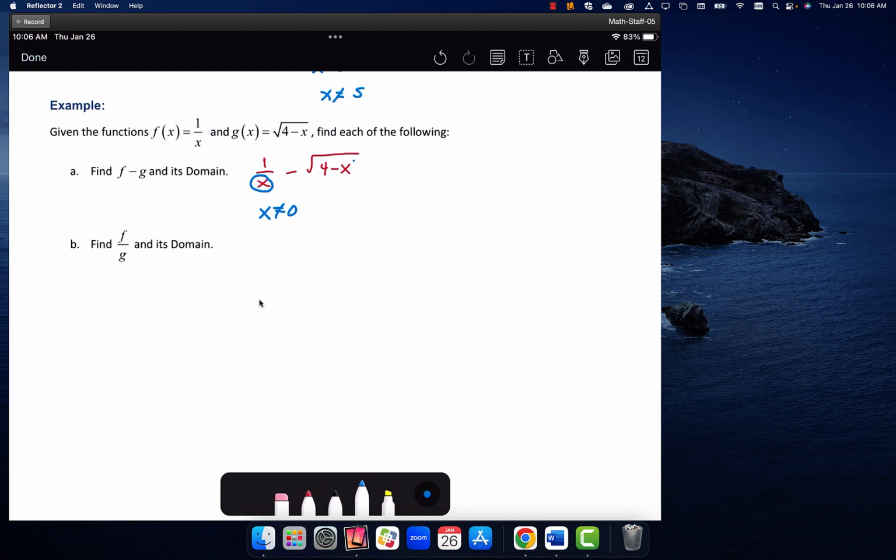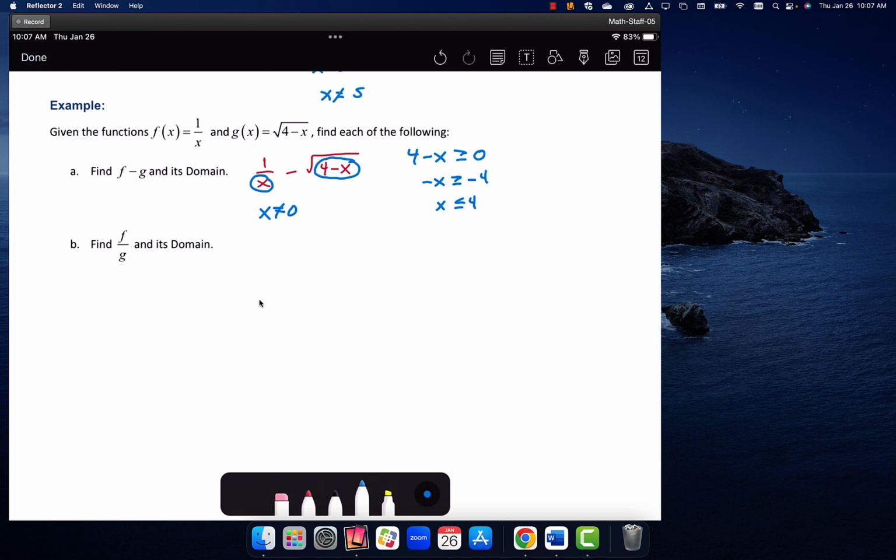And we also have this radicand, 4 minus x has to be greater than or equal to 0. Whatever's under the square root, force it to be greater than or equal to 0. So let's solve this. Subtract the 4, then divide by a negative 1. Remember, when we divide by a negative, that flips the symbol.